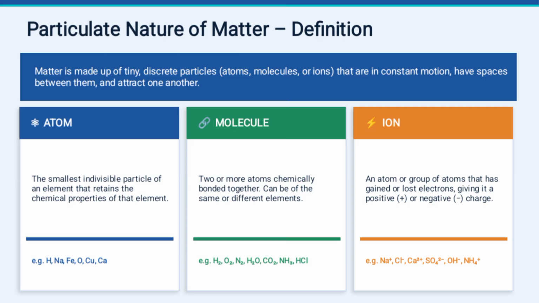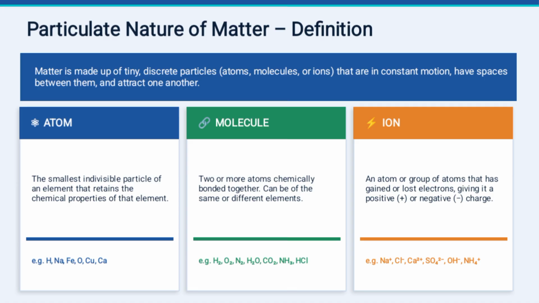A molecule is the smallest particle of a substance that retains its individual properties and can take part in a chemical reaction. We can also define a molecule as the combination of two or more atoms.